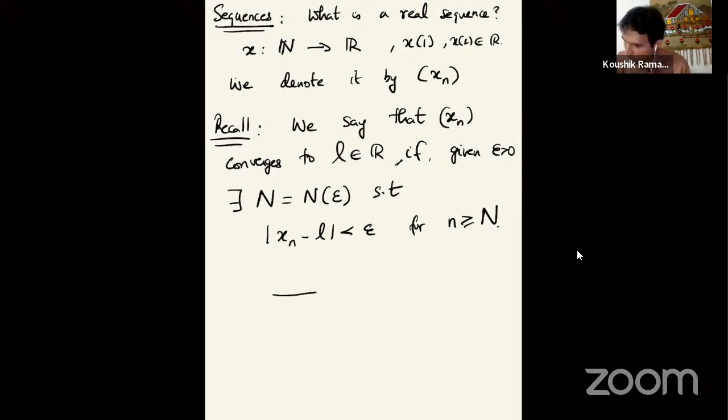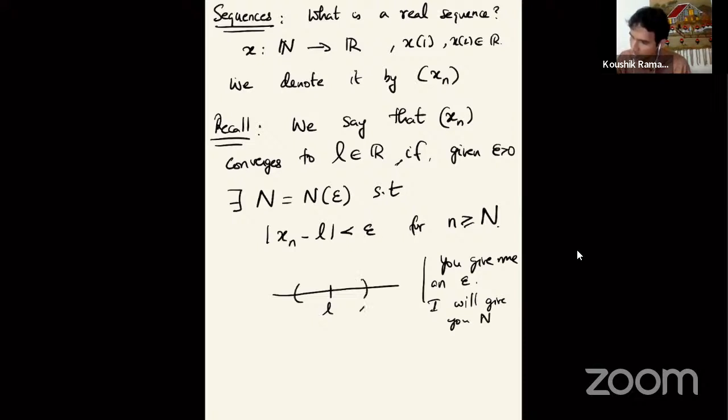Pictorially, what does this mean? Here is L on the real line. You give me an epsilon, which you think of as error. You can give me any epsilon you like, and I will give you a large enough number N so that, if I draw this interval, L plus epsilon and L minus epsilon, then from x capital N onwards, all of the sequence lies in this interval.